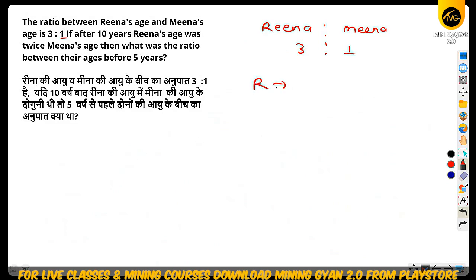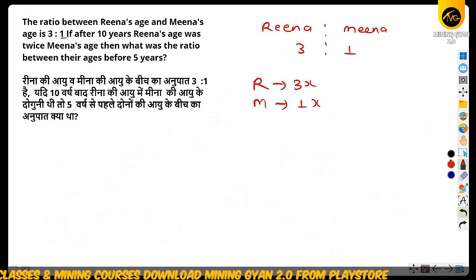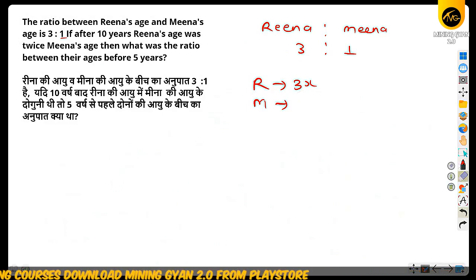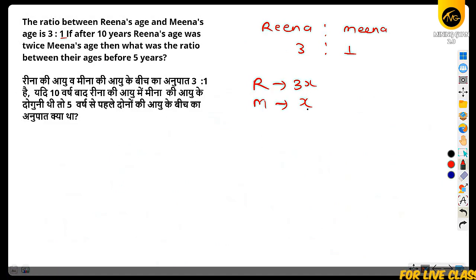So Rina's age will be 3x and Mina's age will be x. So just convert the ratio form into variables. Now we have Rina's age is 3x and Mina's age is x.